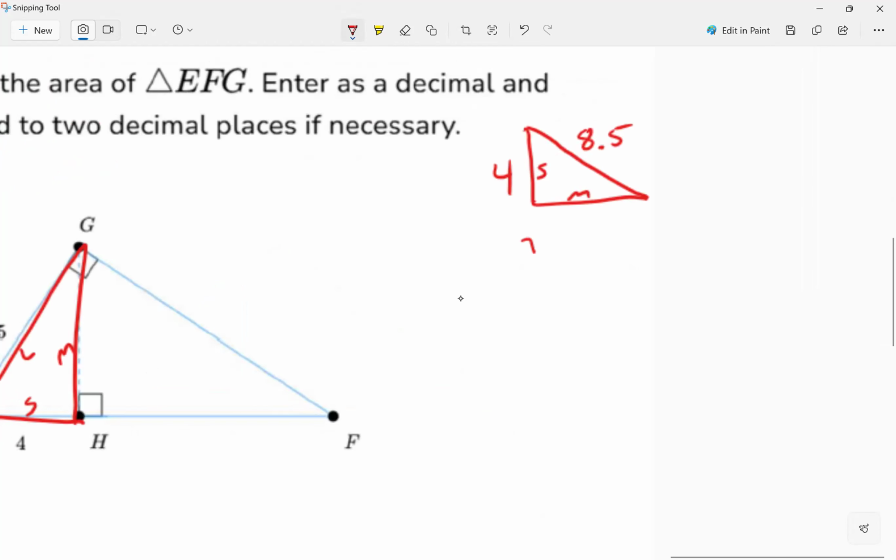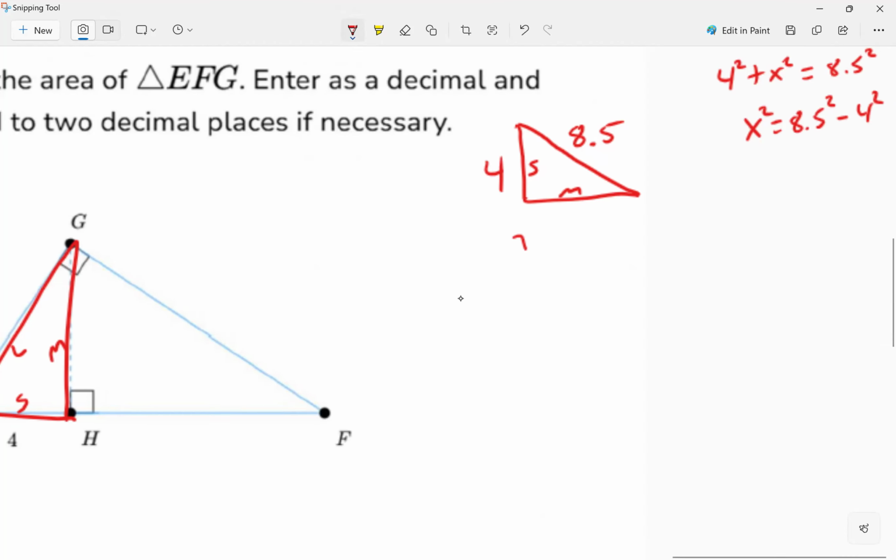It is the square root, because remember, the Pythagorean theorem: 4 squared plus x squared is equal to 8.5 squared. So x squared is equal to 8.5 squared minus 4 squared. So it means that x, the third side, is the square root of 8.5 squared minus 4 squared.